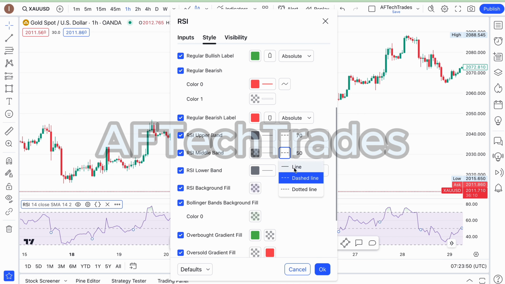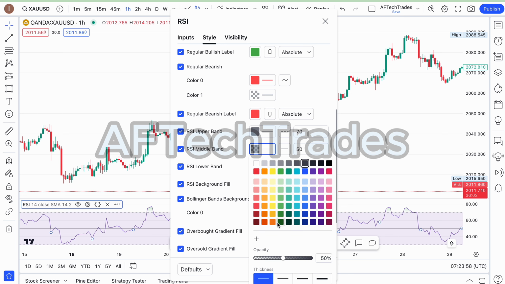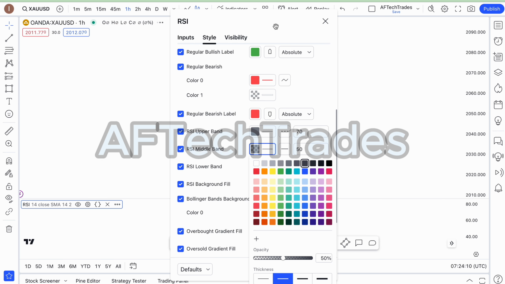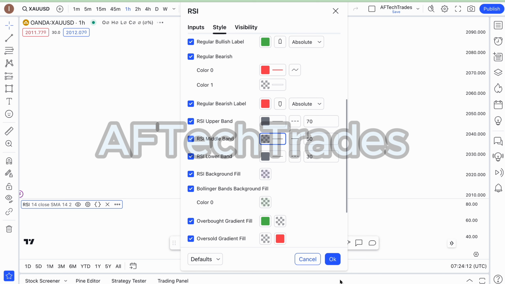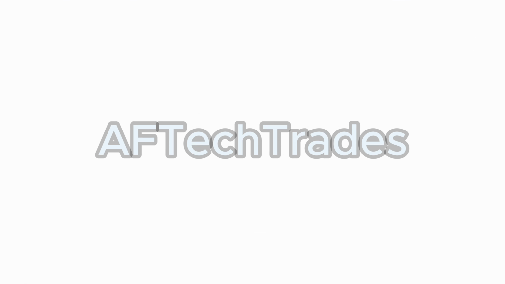Then the dots, we can change it to line. Then we can make it thicker to be more visible, right? You just scroll down, go to thickness, and change it to either the middle one. I think the middle one is fine. Then you click on OK. Just like this.